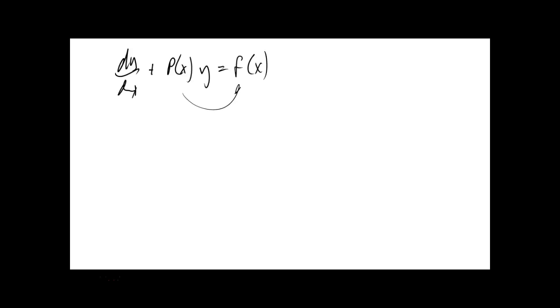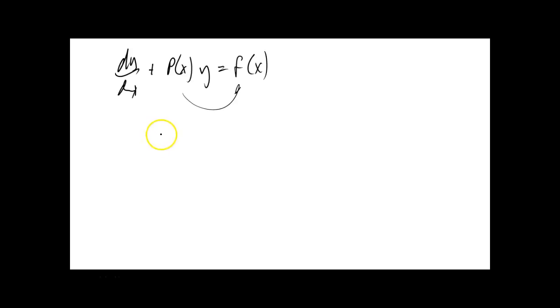From the continuity of p and f on the interval, we see that F and the partial of F with respect to y, wait, I'm sorry, I skipped a line. Identify that F is that, and the partial of F with respect to y is minus p, okay?